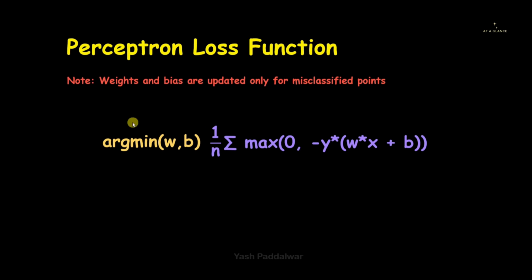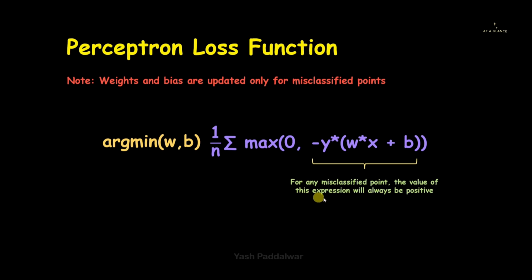Now before moving on to how we can do so, first you need to make sure that the weights and bias are only updated whenever misclassified points are encountered. For any correctly classified point, the weights or the bias are not going to update. Also, in this entire function there is only a single expression which is important, and we are going to work on this expression only.